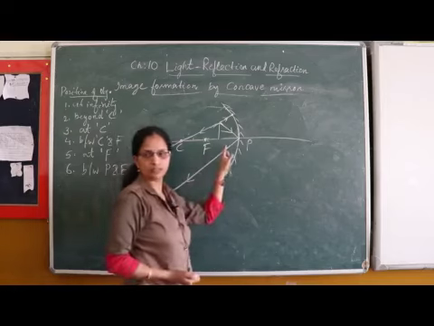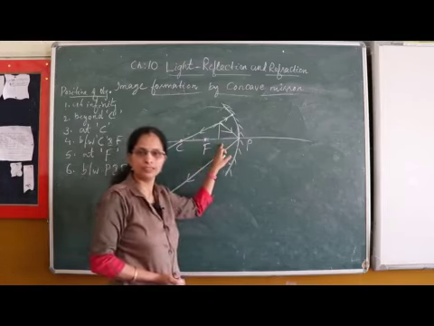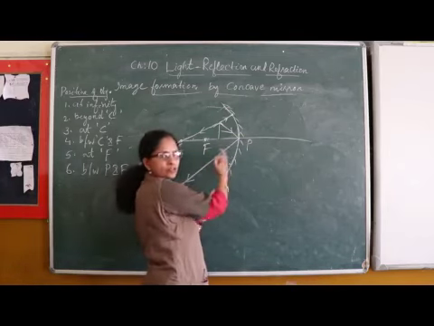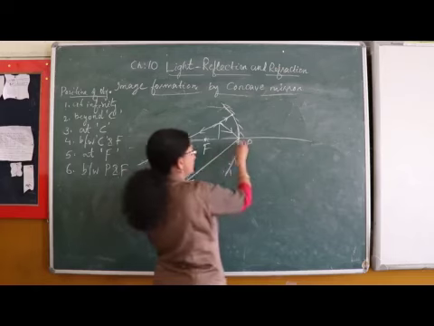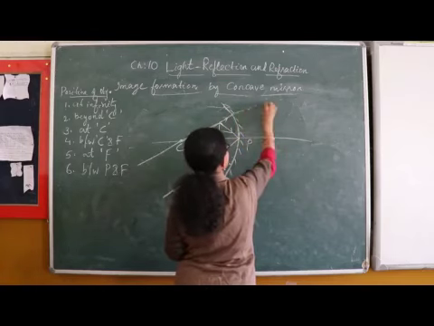So in this situation, the object is kept between P and F, and we can see an image formed inside the mirror, on the opposite side. That image we can obtain by extending back the reflected rays.